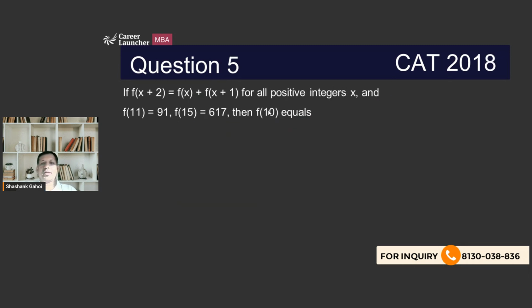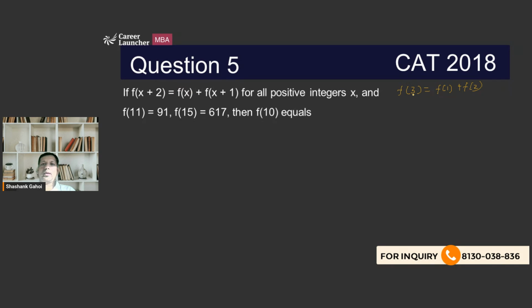Okay. Now, what does this question say? This question seems a little trickier, and it actually is. So if I put x equal to 1, I'm going to say that f3 is equal to f1 plus f2.